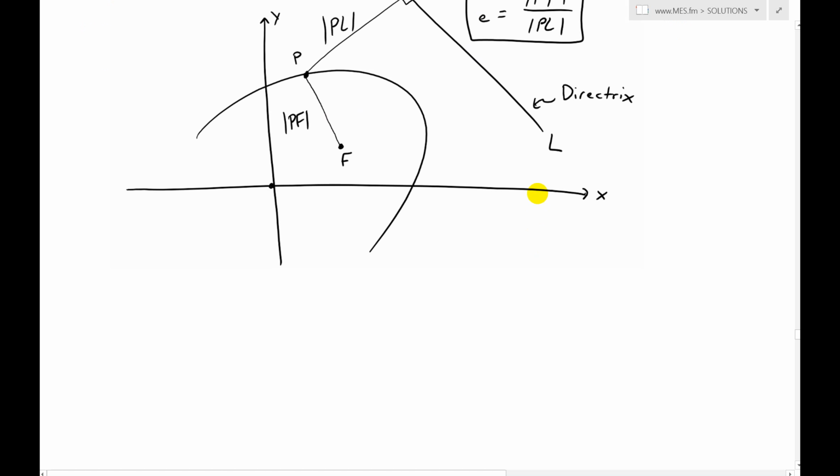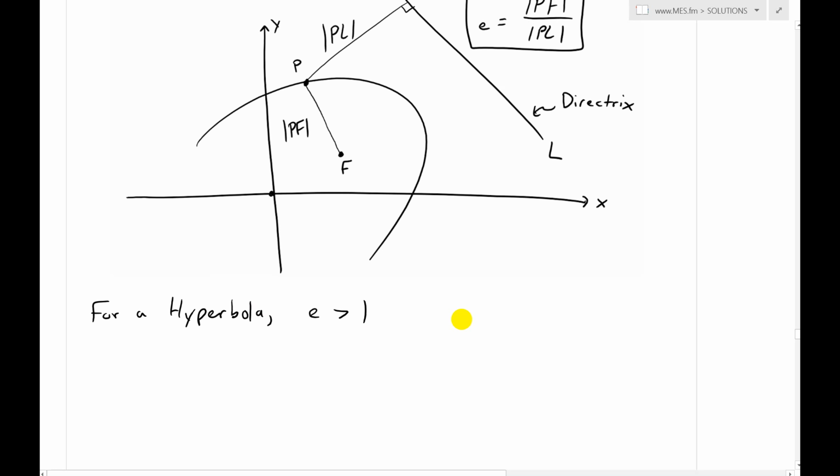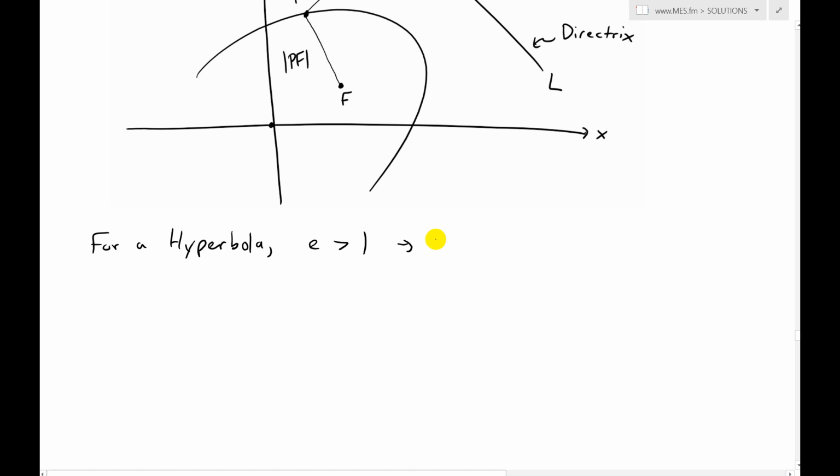So for a hyperbola, we have the eccentricity is greater than 1. So in other words, since it's PF over PL, we have e equals PF over PL.